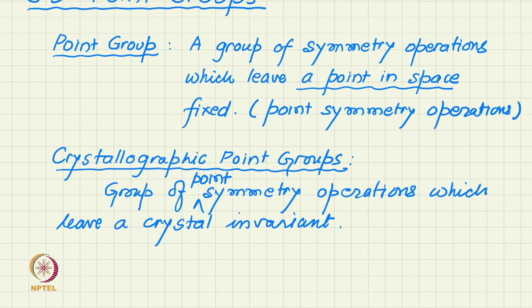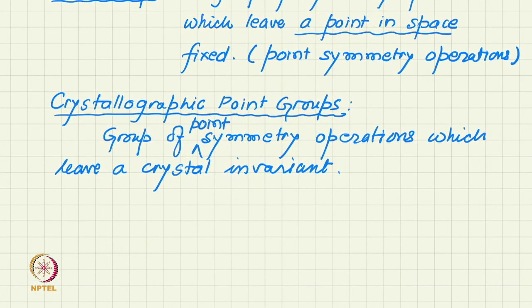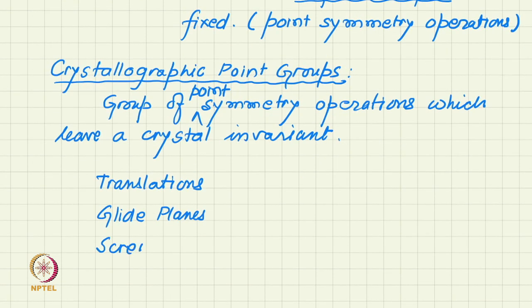So, as we have seen in our 2-dimensional discussion also, this means that translations, glide planes, and screw axes (we did not see these in 2 dimensions, but I am noting here because they come in 3 dimensions only) all of these involve translations, and translations move all the points.